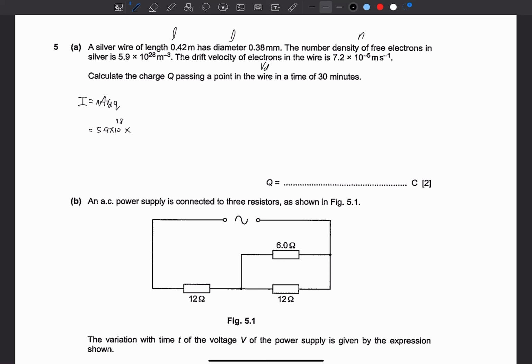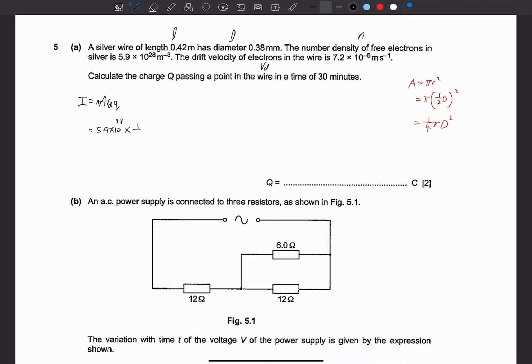The cross-sectional area is not given, but we can derive it from this. Alright, so area, as we know, is pi r squared, and r is actually half of d. So you'll get 1/4 pi d squared. Nice.